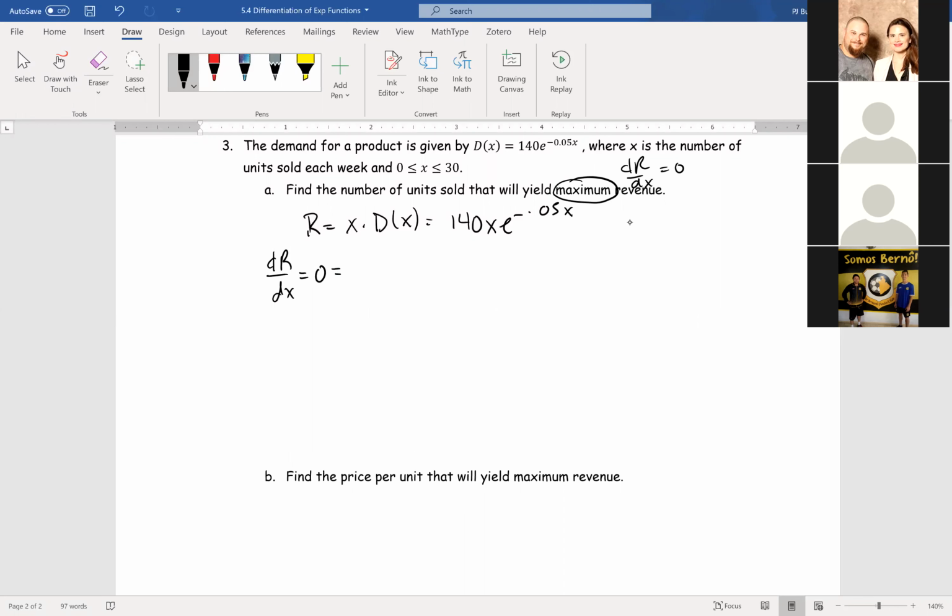For the derivative of this, I need to take the derivative of x. That's 1. I leave everything else alone. Add to that, leave the x alone. For the derivative of the exponential, I bring down the number up top, the negative 0.05, and then I get back the exponential.